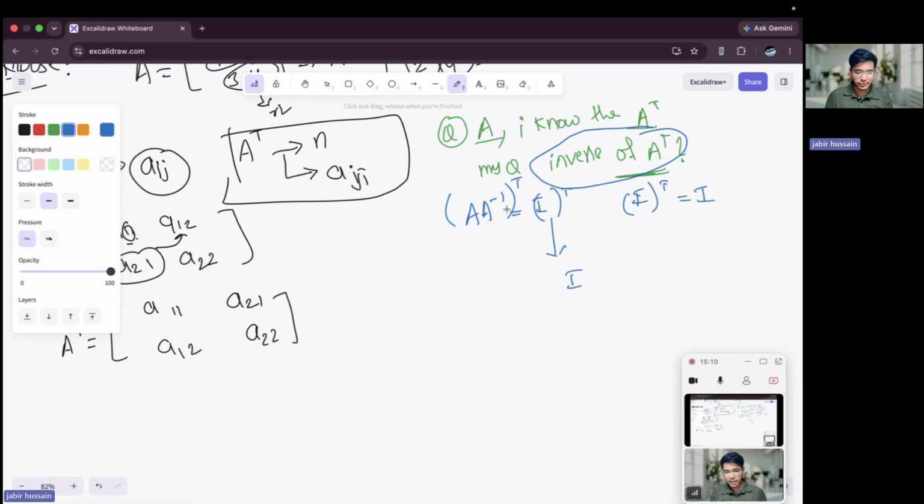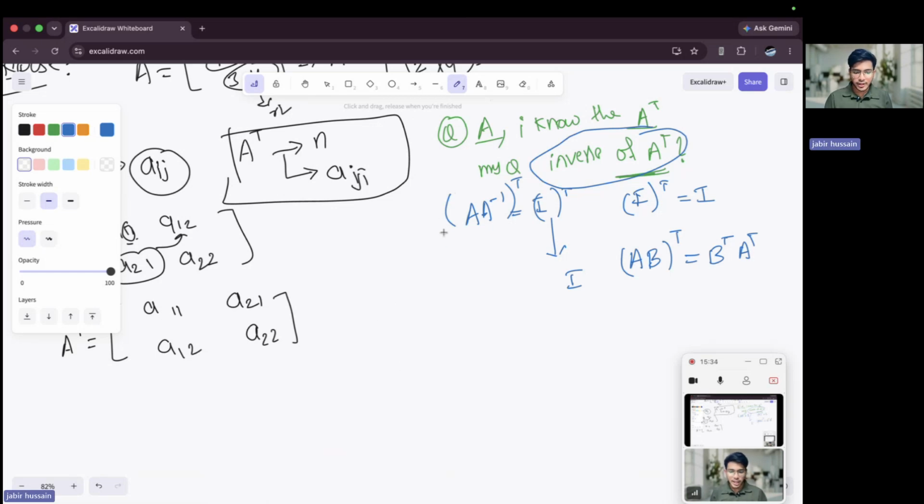Now, if you remember, there is a law which we have studied in school, which is the transpose reversal rule. It says that if I have AB and I put a transpose on that, then the resultant would be B transpose and A transpose.